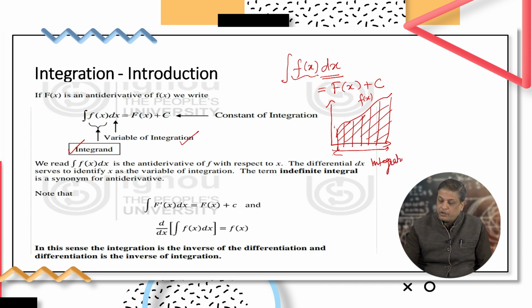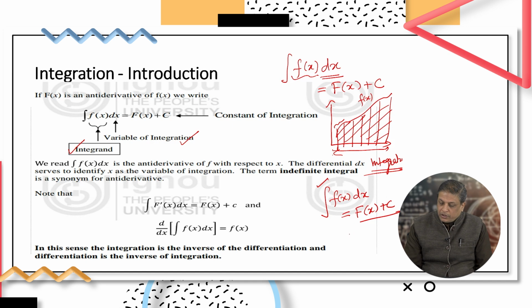So integration is about the consolidation of the values, and it is written in the format integral. This is the symbol for the integration of the function f(x) with the variable of integration dx, and it turns out to be F(x) plus c.